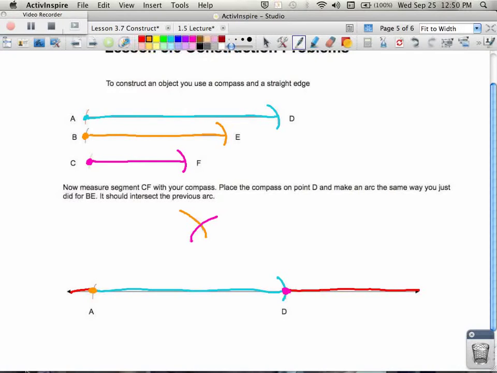So you know that BE is the distance from your compass point to where those two arcs are intersecting, and the length of CF is the distance from D to where those two arcs are intersecting. So the light blue, pink, and orange segments have constructed the triangle with those 3 segment pieces. Again, leave all of your arc marks.